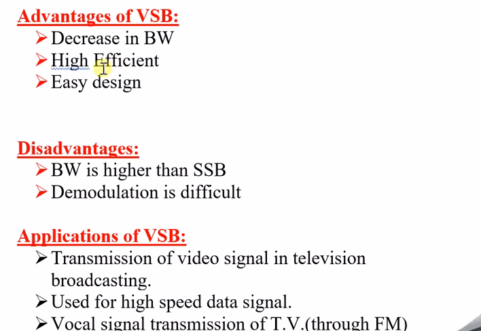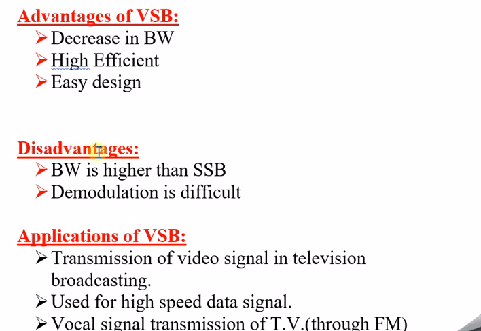And easy design. It is very easy to design. The circuit to generate the VSBSC signal needs only a modulating signal, a carrier signal, a product modulator and a sideband filter. That's it, so the design is very easy. The only thing is that the carrier frequency and so on should be decided and taken care of.